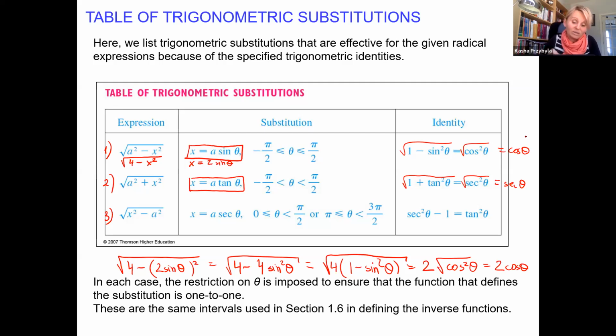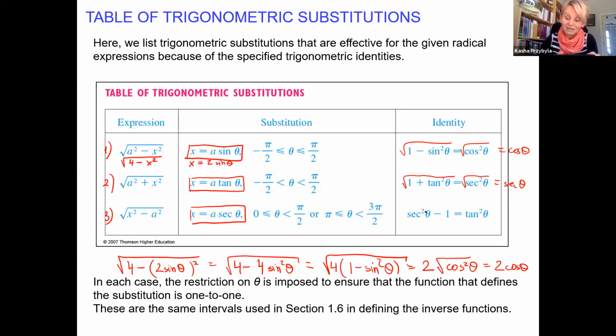And the last one, make sure that you can see the difference between the first one and the third one. We have positive x squared minus a constant, minus a squared, where a is a constant. Then we will use secant theta, and that's the only option. Why?